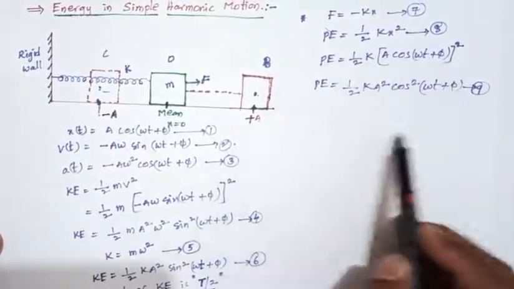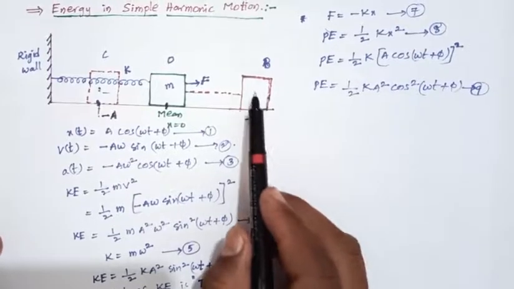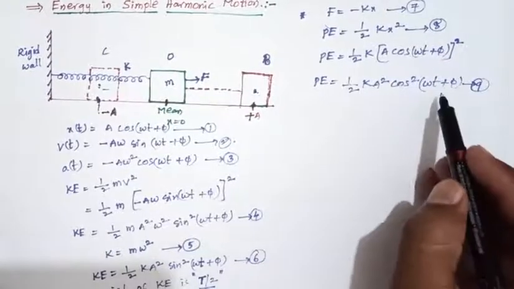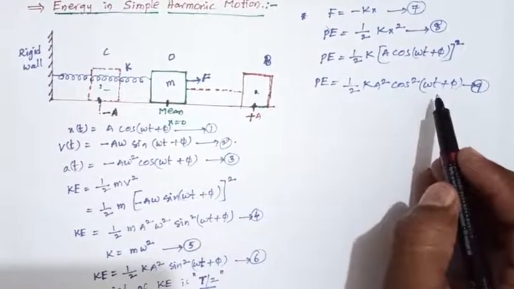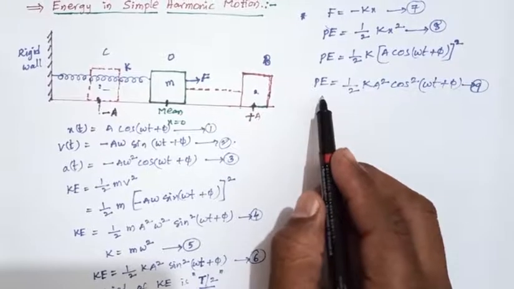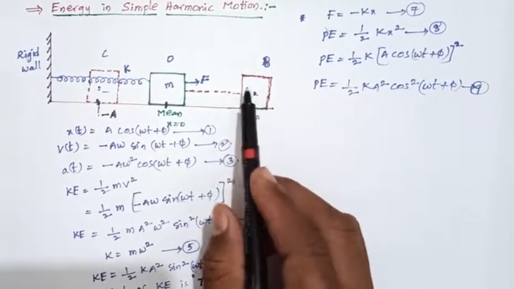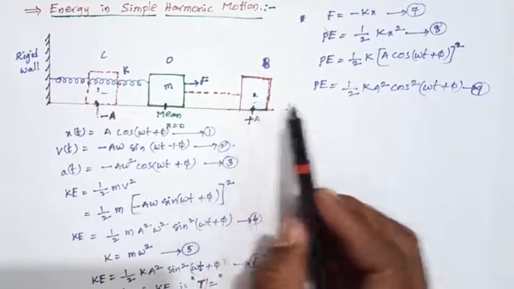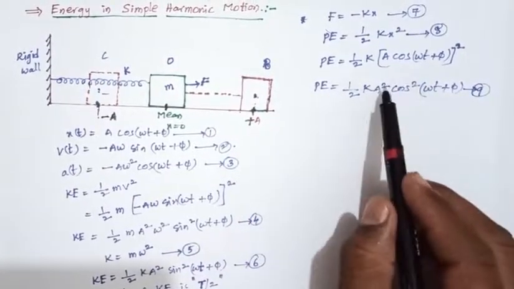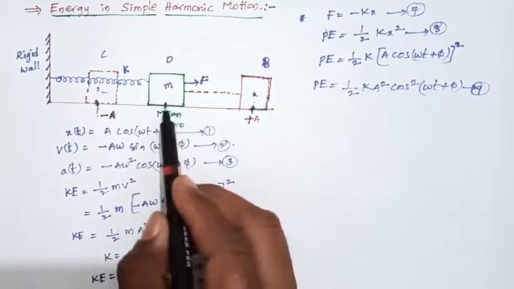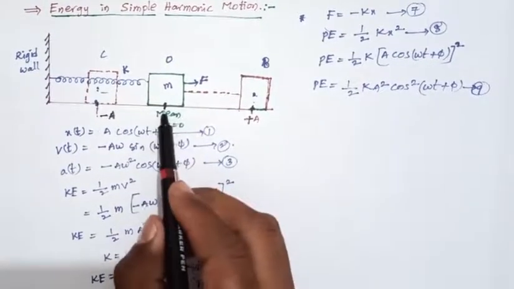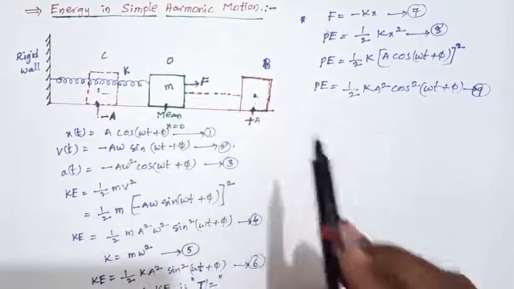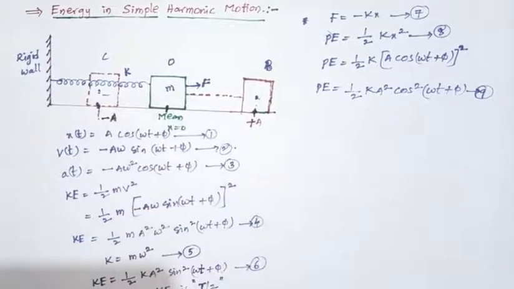Periodic is nothing but increasing and decreasing with time. So the potential energy is maximum when the displacement is maximum. The displacement is minimum at mean position, so the potential energy will be 0 at mean position.